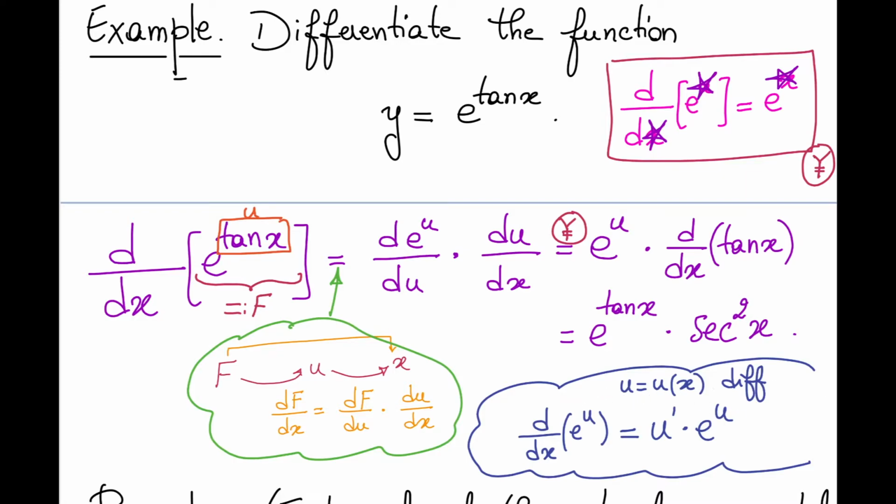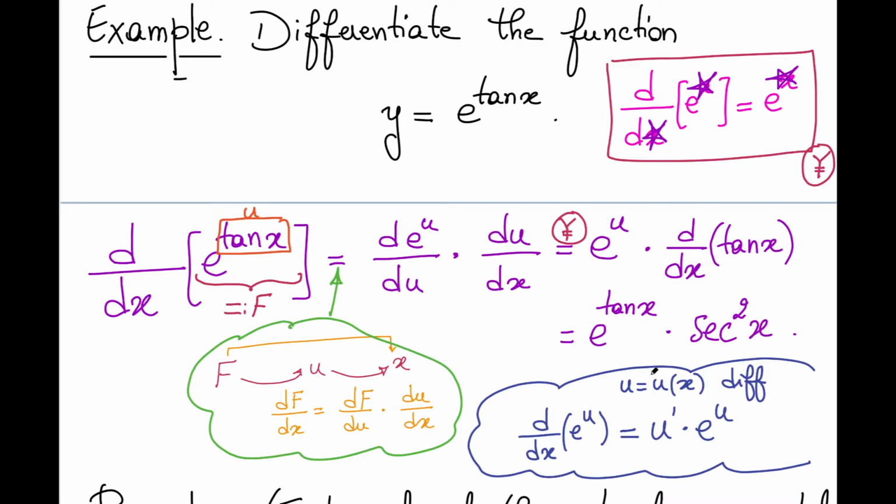Okay. So this is like a generalization of this yen formula. Why? Because it encompasses that, right? When u is the identity function, when u is the function x, so if you replace u by x, u prime becomes 1, and this becomes e to the power x, so you get back that formula.